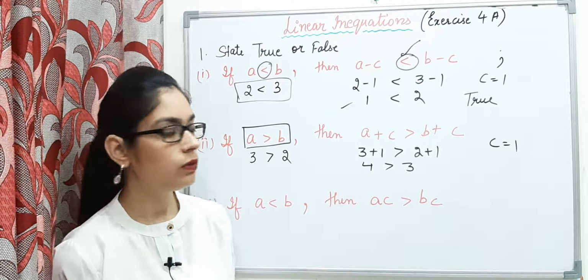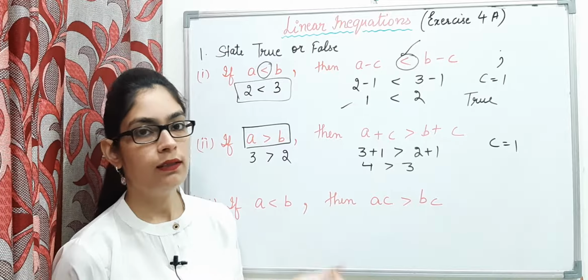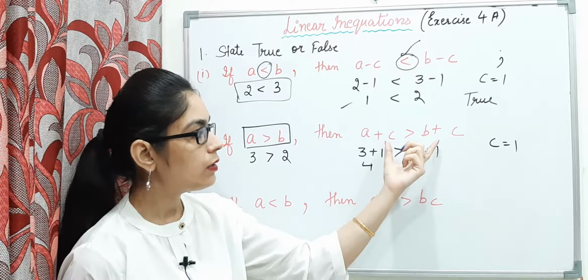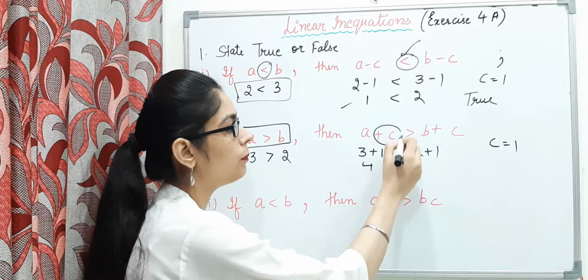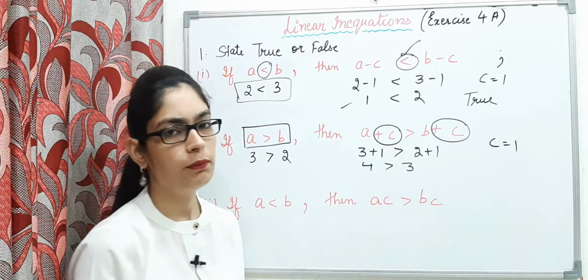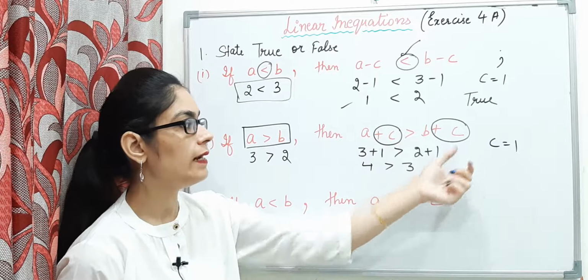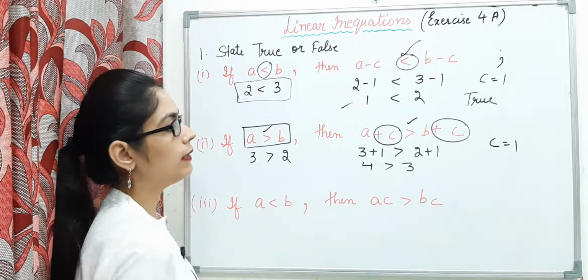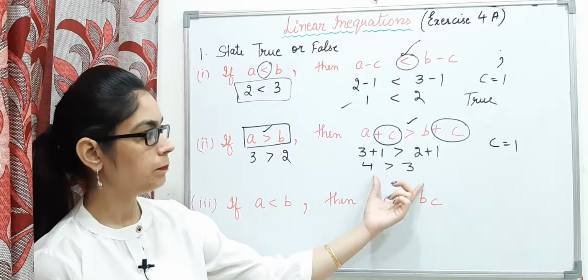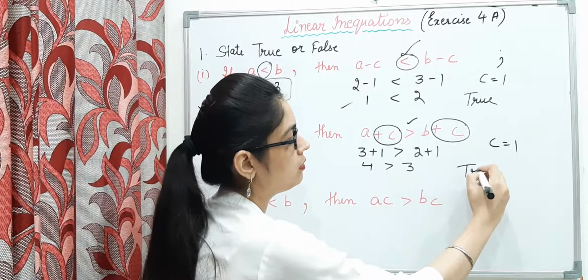It is also true. So from here also you can learn, if in an inequation we are adding one common number on both the sides, common means same number, so same number, when we add on both the sides, the sign of the inequality will remain the same. You can see, which means this is also true.